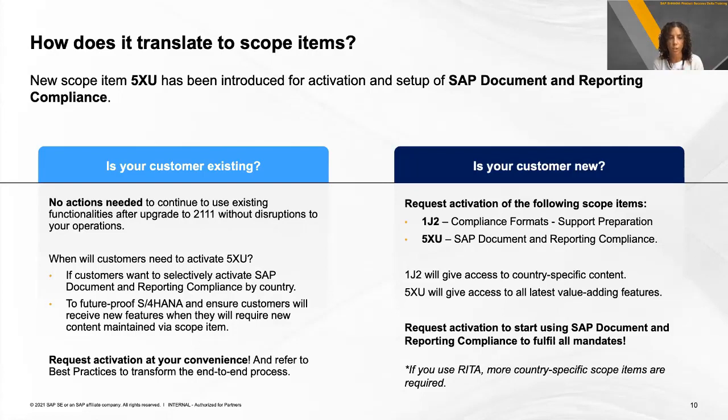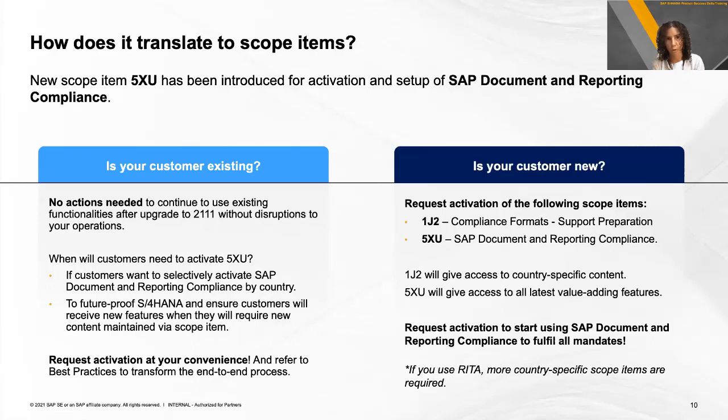However, we should still ask our customers to activate 5XU, because they will be able to selectively activate countries if they want, and also they will be future-proof to receive any new content we will deliver. If instead it's a new customer and they want to use the feature which I just demoed, the end-to-end process, they need to request the activation of both 1J2 and 5XU.